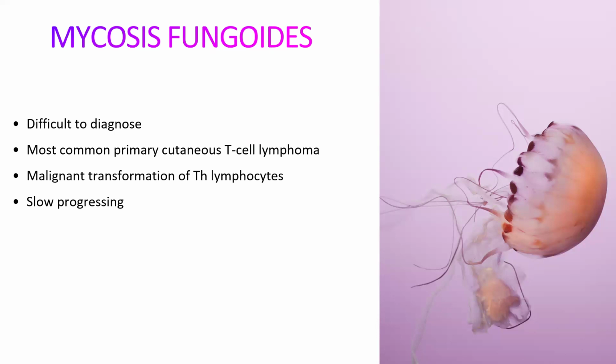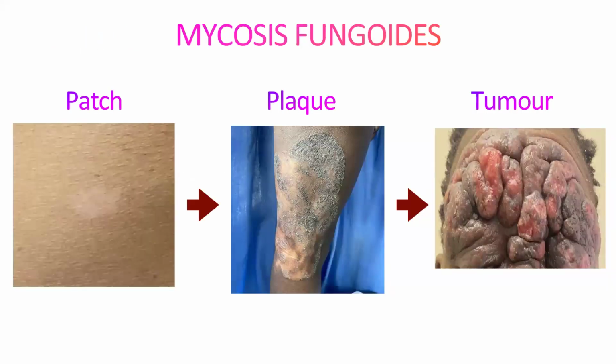Mycosis fungoides occurs when there's a cancerous transformation of the T helper lymphocytes in the skin. It's characterized by a very indolent, slow progressing course from patch stage to plaque stage, most commonly, that can look like eczematous or psoriatic plaques and that are distributed in the bathing suit area, the old-fashioned bathing suit.